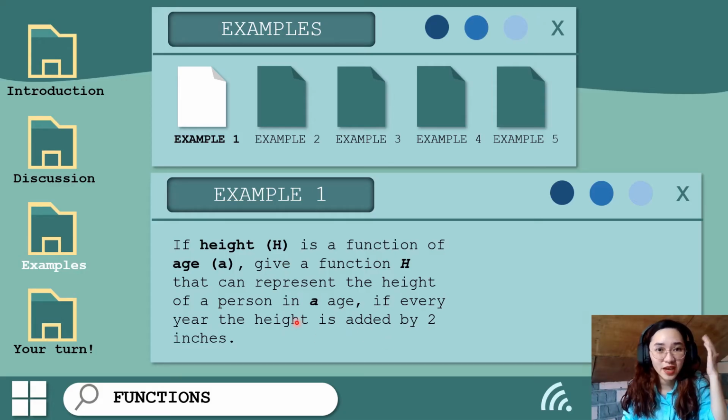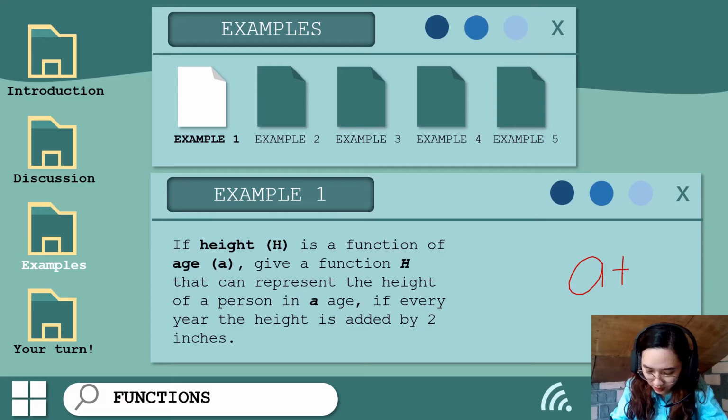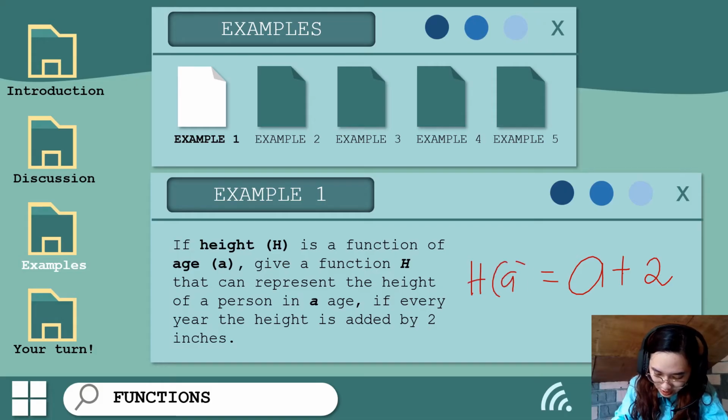Ayan, since every year the height is added by 2 inches, that means the age, which is the a, added by 2 inches will represent the function h of the person's age. Okay?